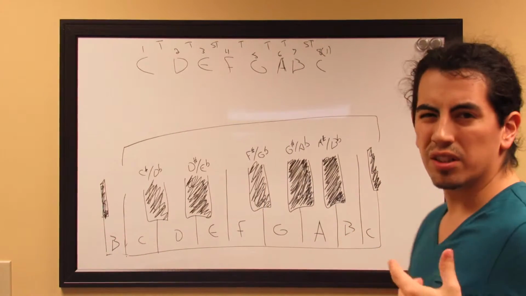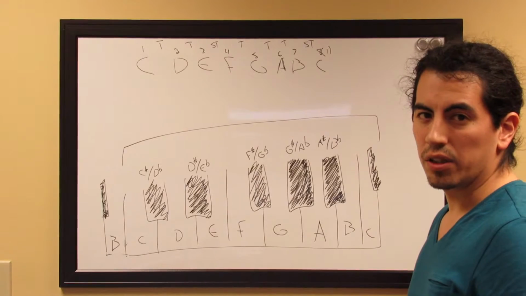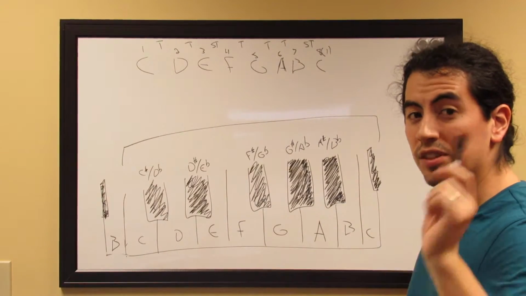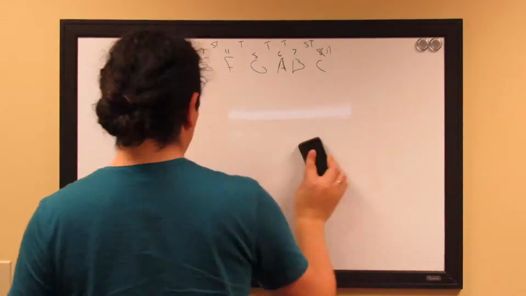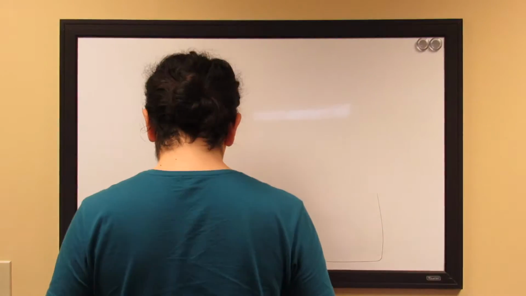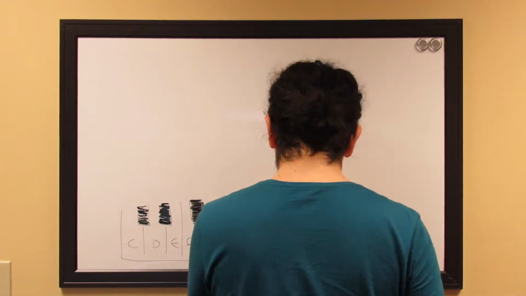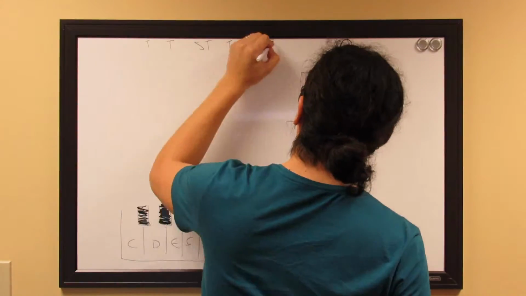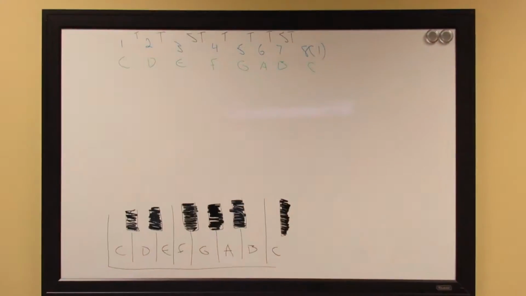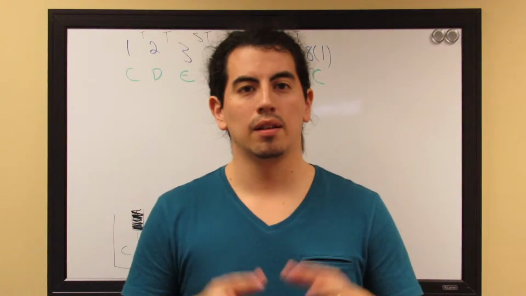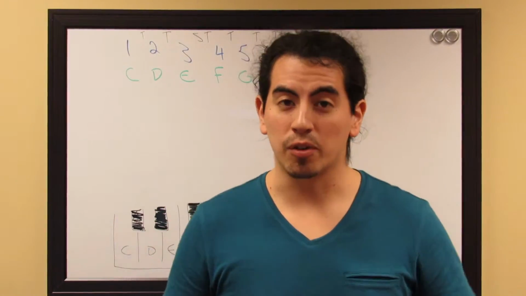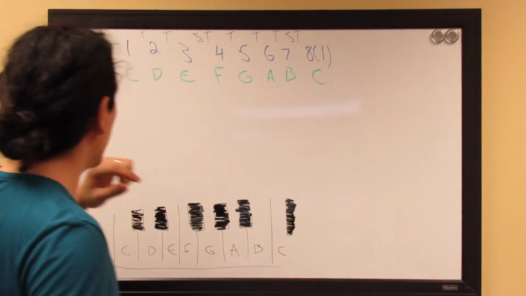Maybe I should have color coded it so you could actually see what's going on. So let me start again. Okay, there's more work than I was hoping for. However, let's get right back at it.